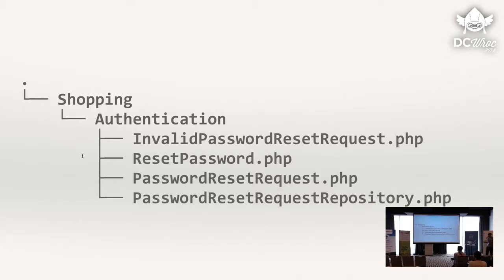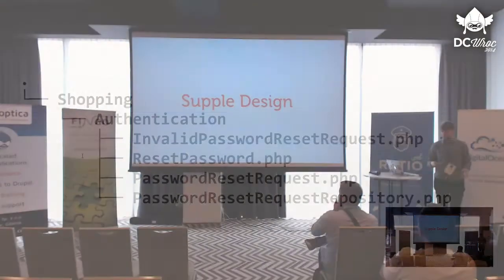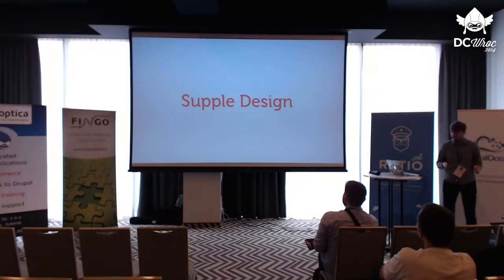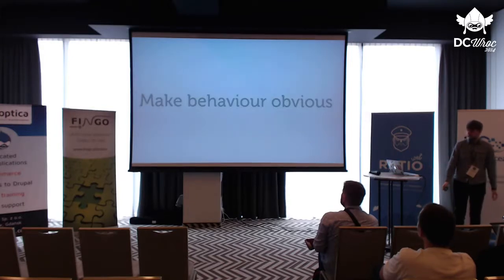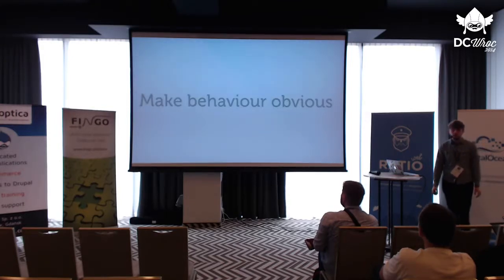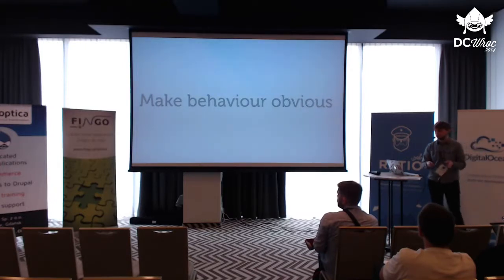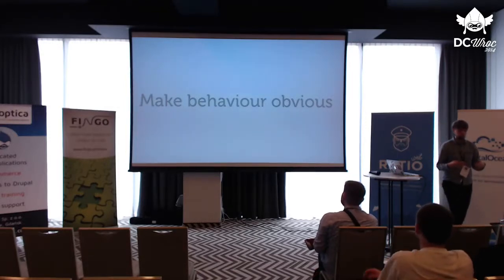There are a couple of different concepts that I discussed, and all this leads to a thing that's called supple design. And what we mean by supple design is to make the behavior obvious. So when you are reading your code, your properties, your method calls, your function calls, it should be obvious what it does, and we should trust those methods.